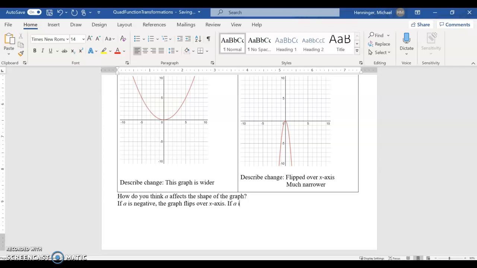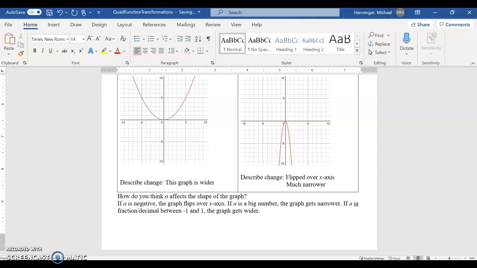If A is a big number, the graph gets narrower. And if A is a fraction or decimal, or really just a number between -1 and 1, the graph gets wider.